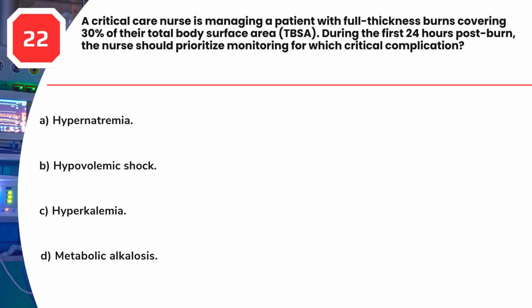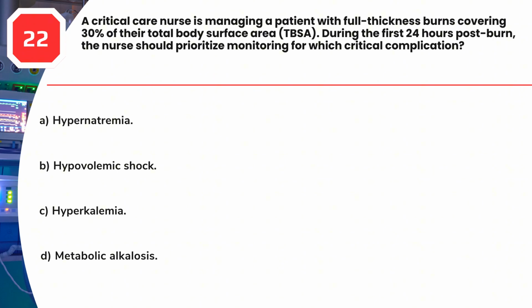Question 22. A critical care nurse is managing a patient with full-thickness burns covering 30% of their total body surface area, TBSA. During the first 24 hours post-burn, the nurse should prioritize monitoring for which critical complication? A. Hypernatremia.